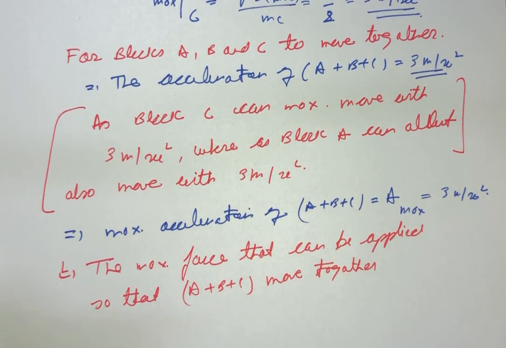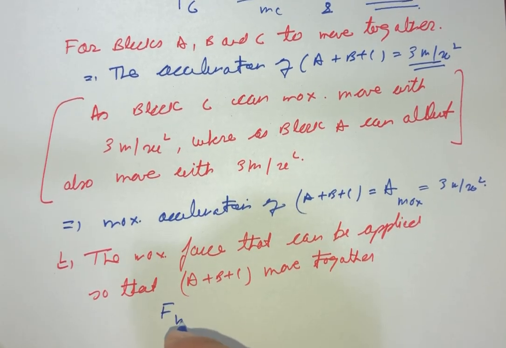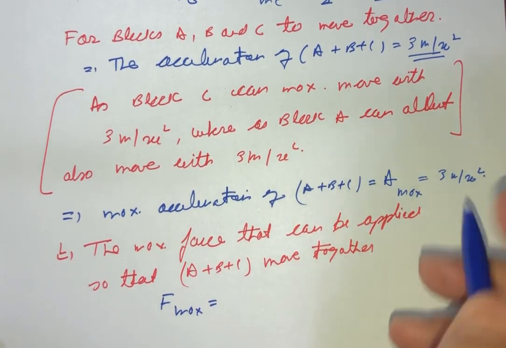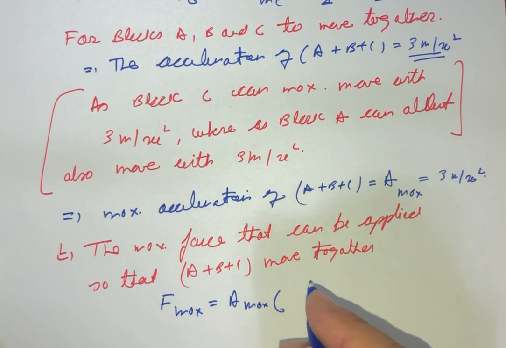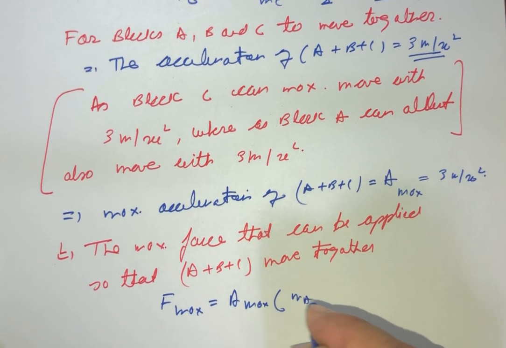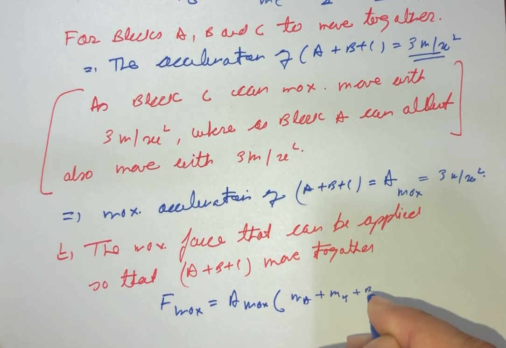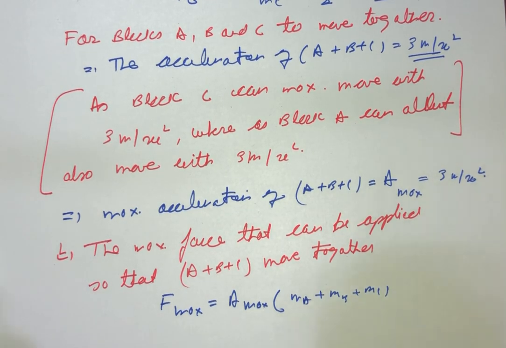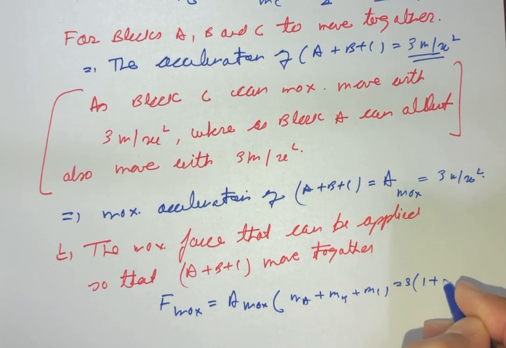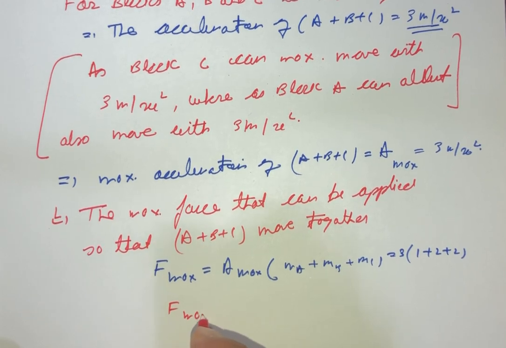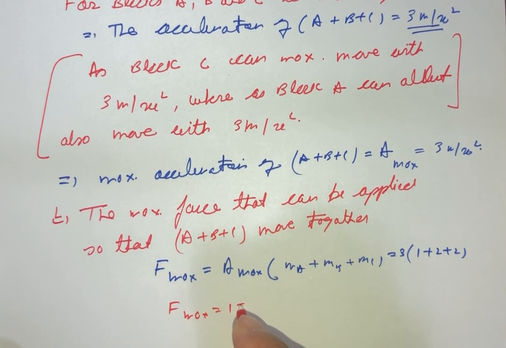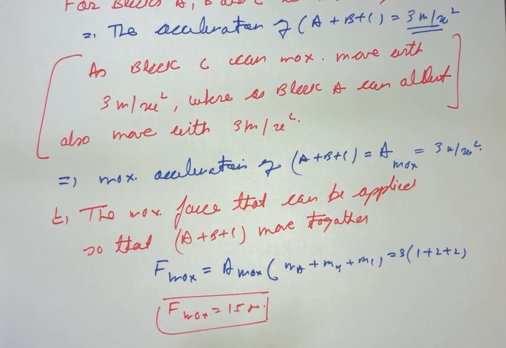This will be equal to F max, and this is equal to the acceleration A max times the mass of A plus mass of B plus mass of C. A max is 3 and this is 1 plus 2 plus 2, so we get F max as 15 Newton. So this completes our first part.